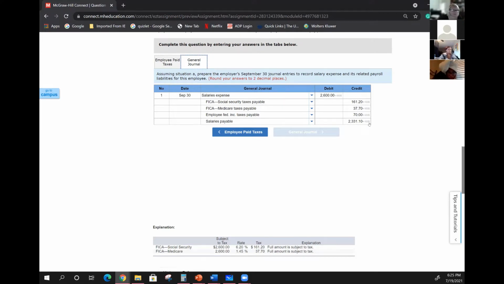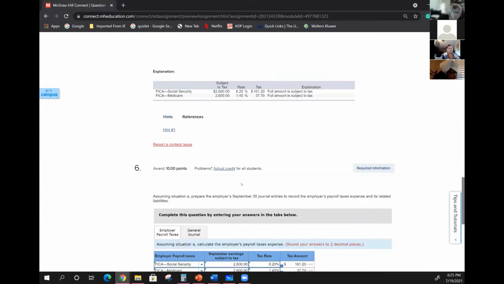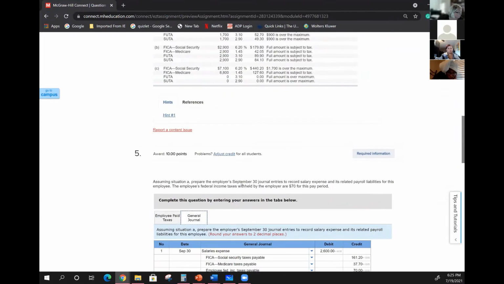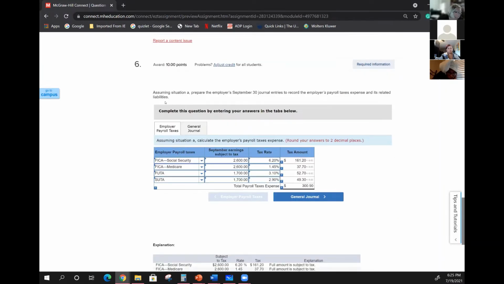So we're setting up salaries payable because we have to pay that to them. I think that was the whole part for 5. Okay, and then 6 says, assuming the same situation A, prepare the employer's September 30th journal entries.